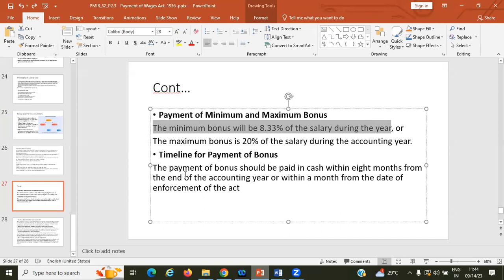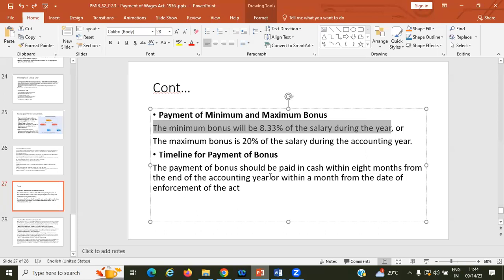Timeline of bonus: the bonus shall be paid in cash within 8 months from the end of the accounting year. What is the end of the accounting year? March is the end of the accounting year, 31st March. So at the end of March you are closing the account, and from that point you have 8 months to declare and distribute the bonus.